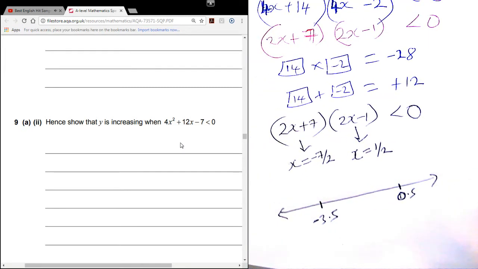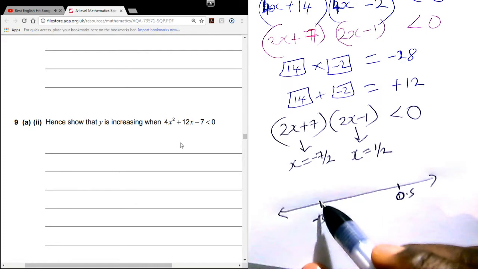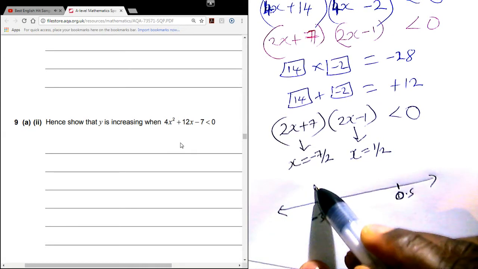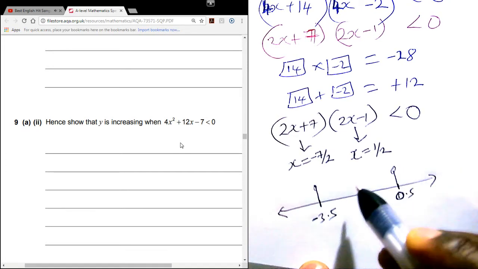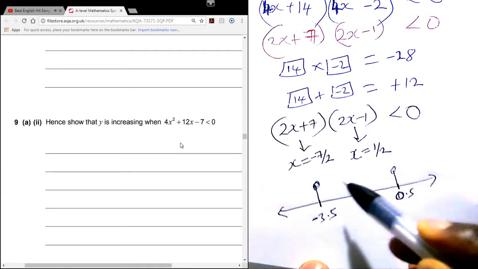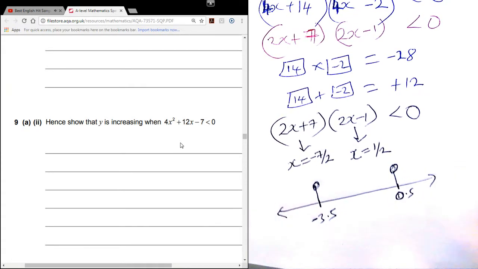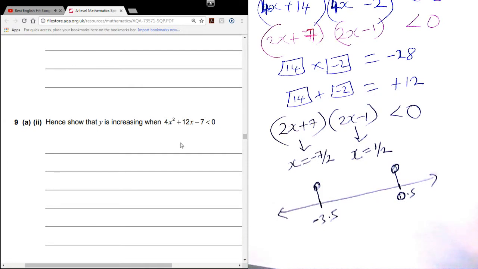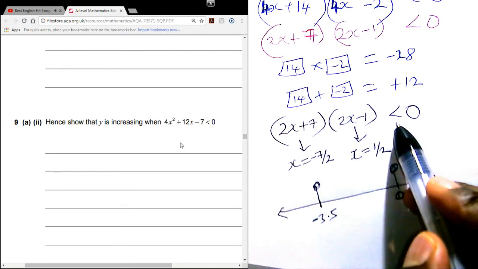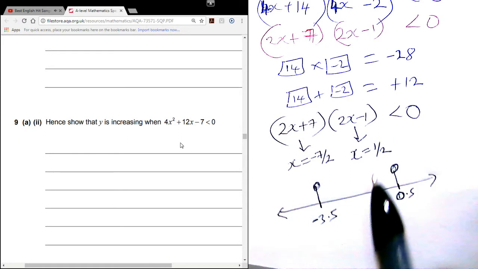So my question to you would be, which region would be our solution? Would I shade those circles? No, I wouldn't shade the inside of the circles because we don't have less than or equal to. We just have less than.